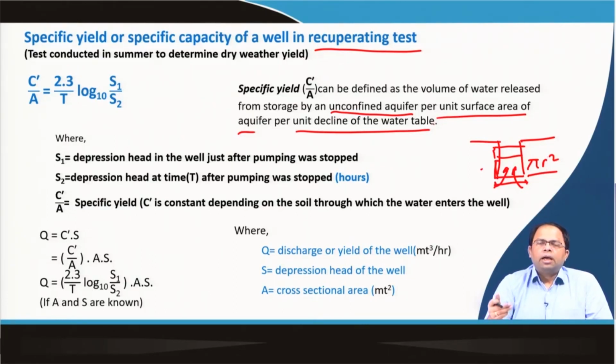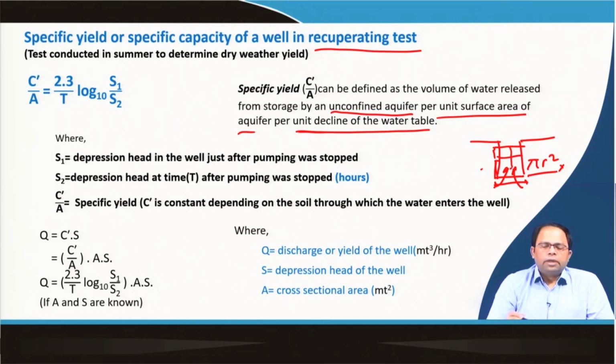Now it's for unit decline of water table, and if the decline of water table is even higher, then the yield would be even higher. So we will again multiply with whatever the decline of water table is, or in this case we call it the depression head.